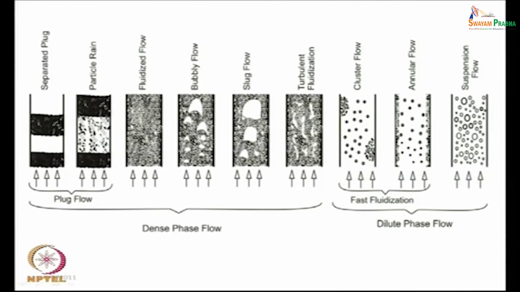Now, remember one thing, both pneumatic conveying and fluidized bed systems are designated for different tasks, but more or less they have many similarities. For example, for both these systems we find in the dilute flow different phases like turbulent fluidization, fast fluidization, slugging fluidization, bubbling flow, fluidized flow, and all these types of things both the systems have.